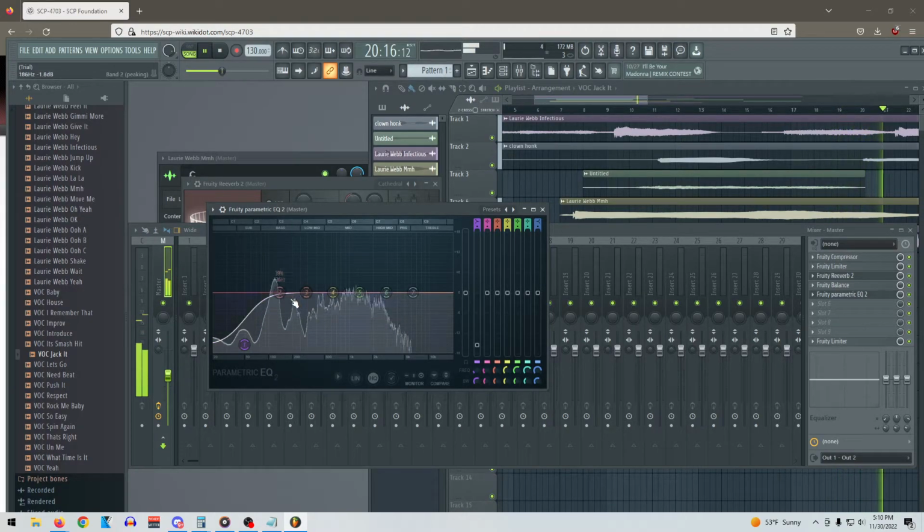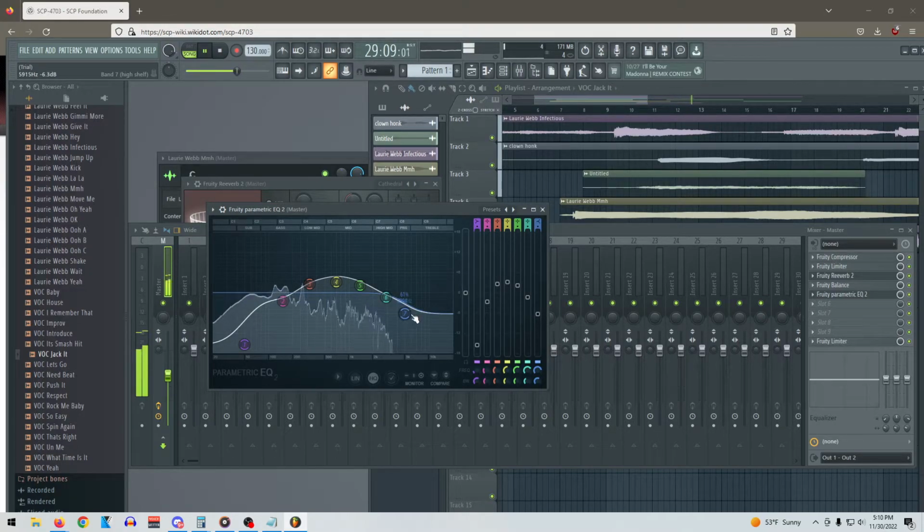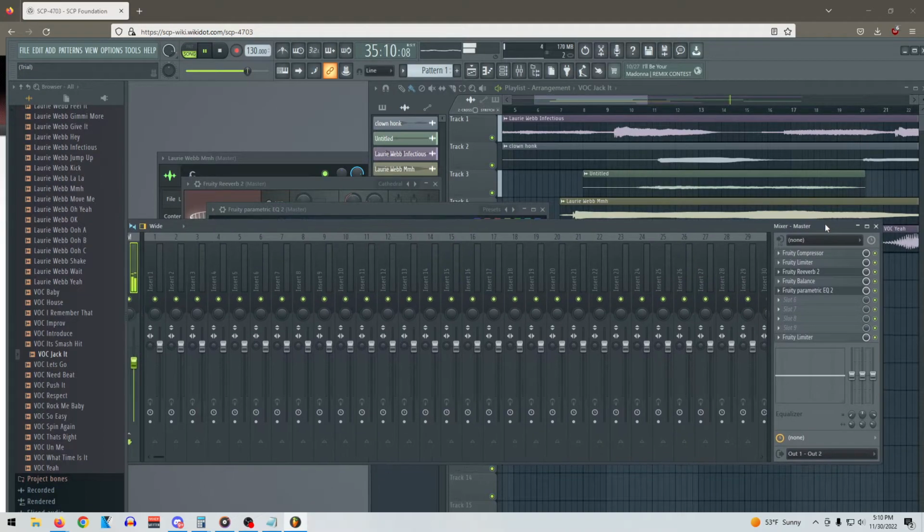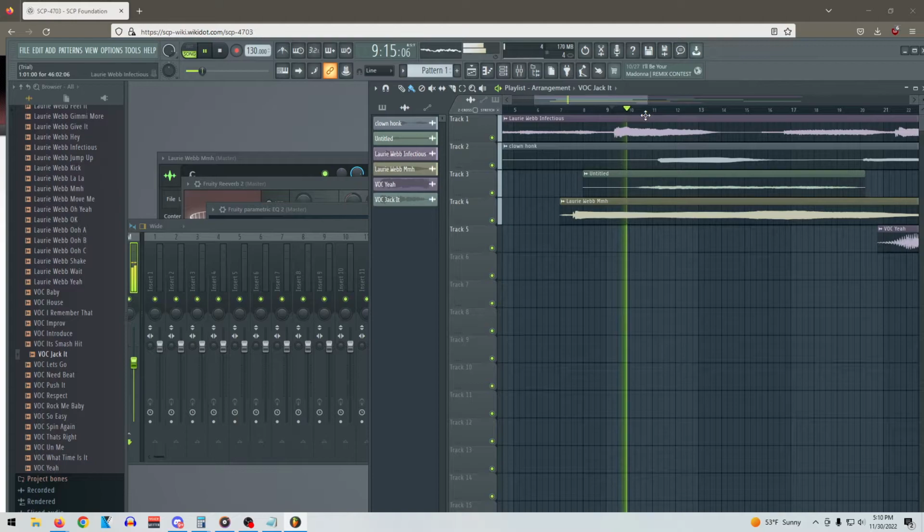Goodbye, lows. You don't exist anymore. Rip the lows. All right, this part is really intense.